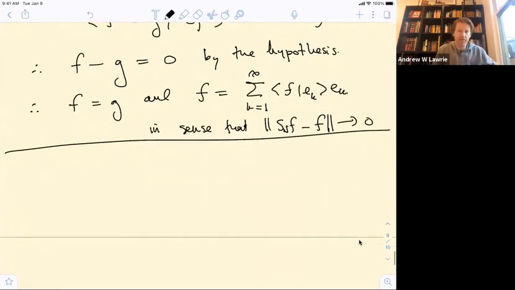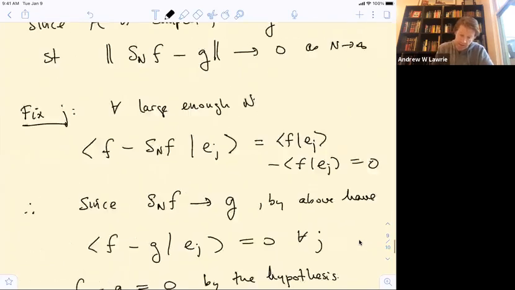All right, now for the second to last implication, we want to show that 3 implies 4. Let's take a look at what those were.